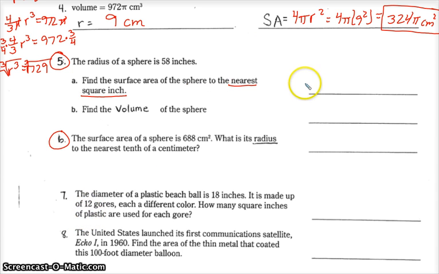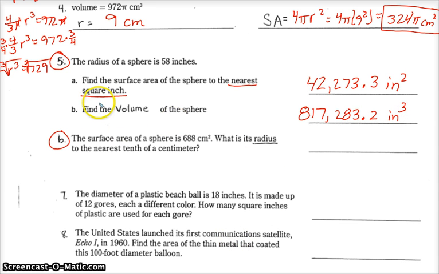For 5a, you should have gotten 42,273.3 inches squared. The volume should be 817,283.2 inches cubed.